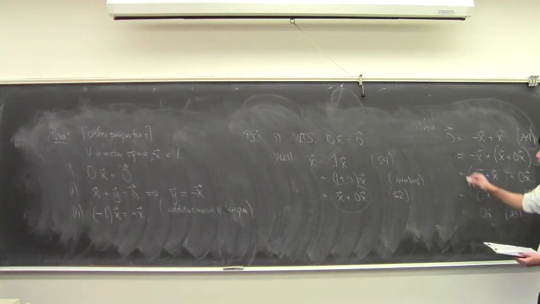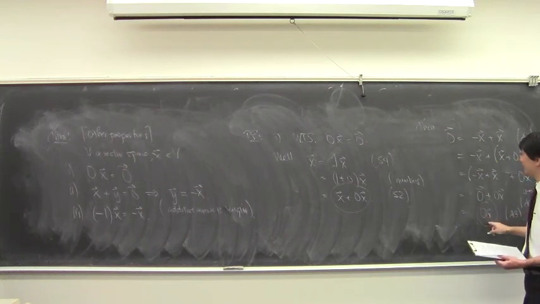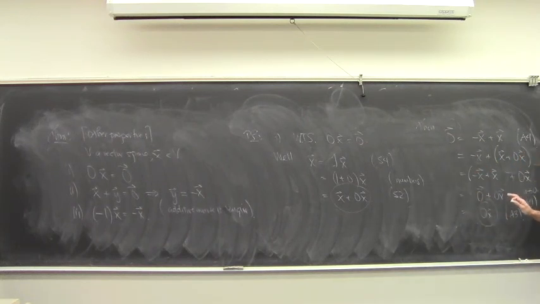Okay, so what do you get? That 0 times x is the 0 vector.